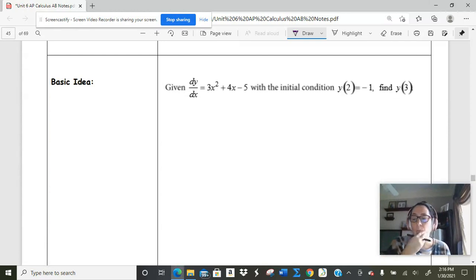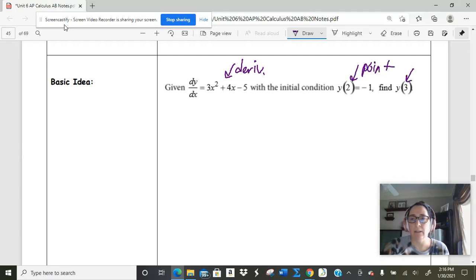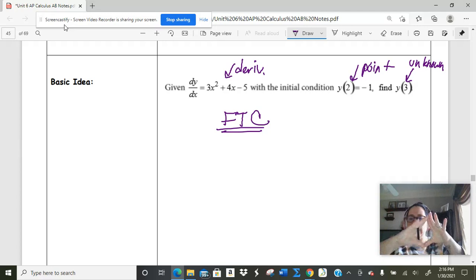So basically, when I have the derivative already, and I have some point already known, and I want to find the unknown point, I need to do the fundamental theorem of calculus, but we're not going to do it where we've already learned. We're going to set up the full long equation.